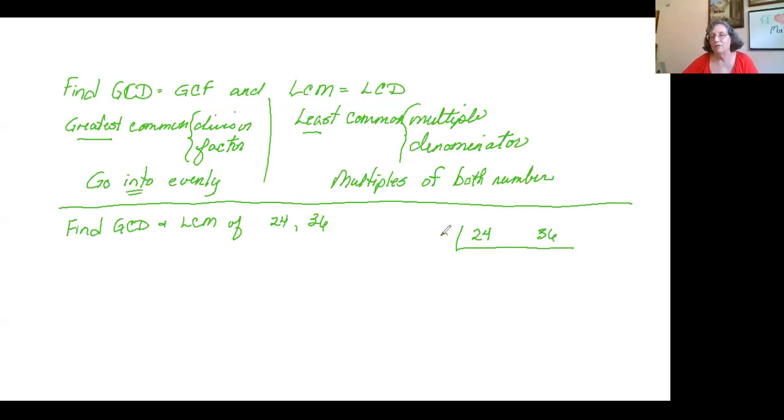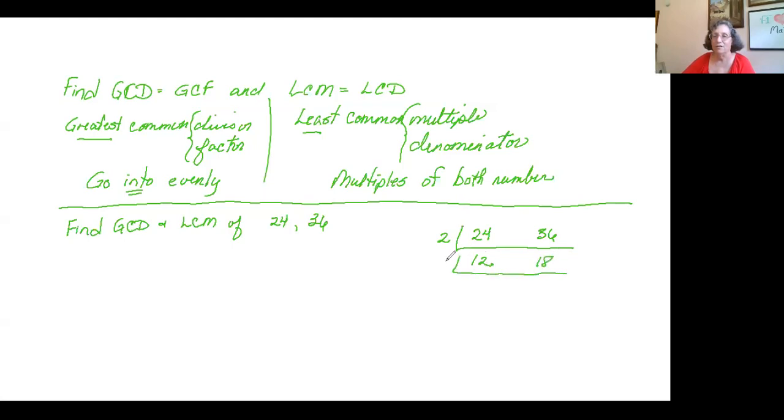So we could start with just 2. It doesn't have to be prime numbers, it can be. Okay, divide 24 by 2, and that's going to give us 12. If we divide 36 by 2, that's going to give us 18.